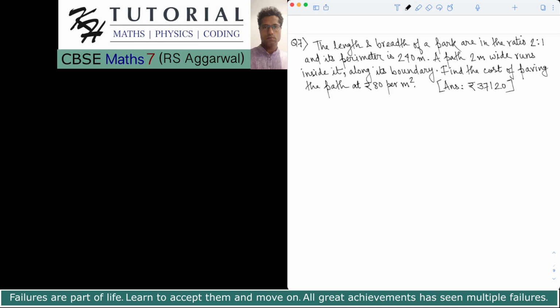Since we know that the perimeter is nothing but 2 into length plus breadth, and the ratio of length and breadth is given, let L be the length of the park and B the breadth.